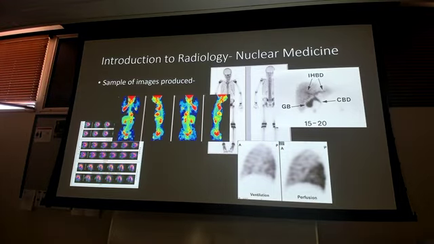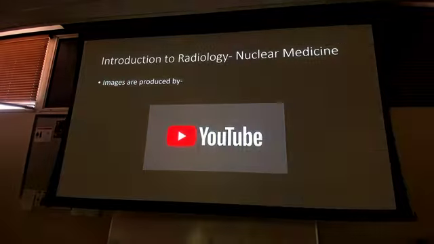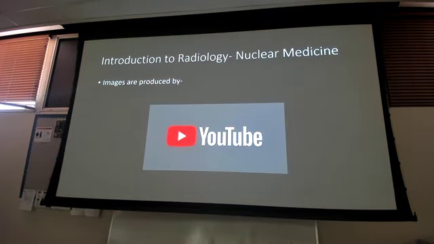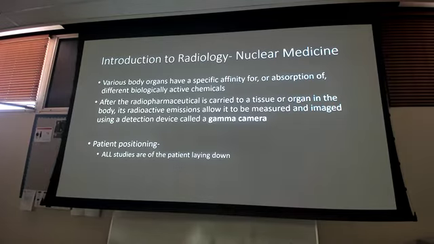Here's what some of the things look like. We're going to go over each of these, but different types of images depending on what we're evaluating, what we're looking for. Here's a YouTube video of how this thing works, if you're really interested. I got YouTube working in here, just for fun videos too.